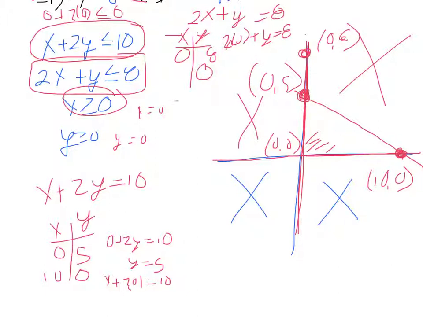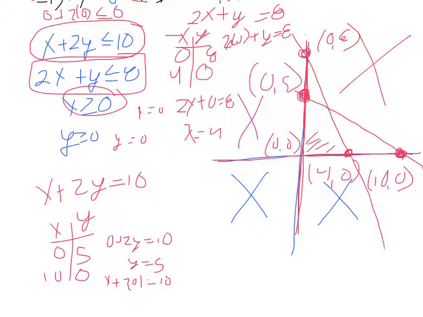Plug 0 in for y, 2x plus 0 equals 8, so that gives us x equals 4, so we have this point right here, which is (4, 0). Draw the line that goes through them. Pick a test point, (0, 0), plug it in here. Is 0 plus 0 less than 8? Yes. So what that tells us is a couple things. This right here is our solution region.